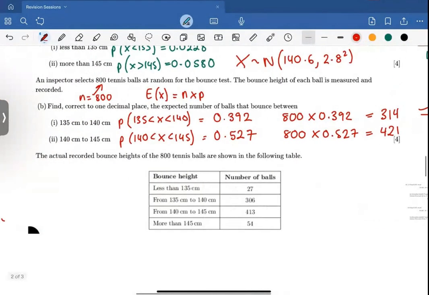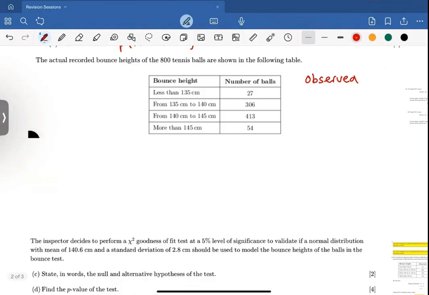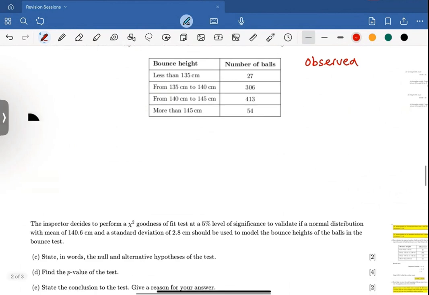Okay, so let's see where we are and what we've got to do next. Right, so we've got the actual recorded bounce heights shown in the following table. So this is our observed values. They're going to do a chi-squared goodness of fit test to see whether or not this data follows a normal distribution. So in words, what are our null and alternative hypotheses? So H0, and just like the uniform distribution, it's going to be that it follows the distribution.